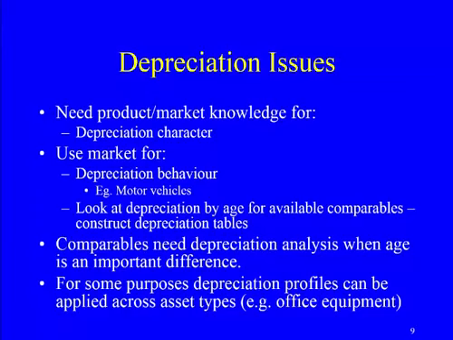This is particularly the case where you're doing plant and machinery valuation for financial reporting purposes, where you may have a large asset register composed of many items, each of which only has a relatively small value. What you'll be able to do there is apply the character and behaviour of depreciation across asset types.